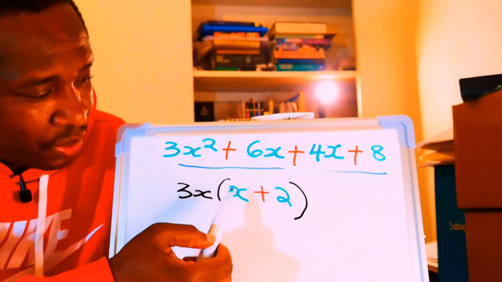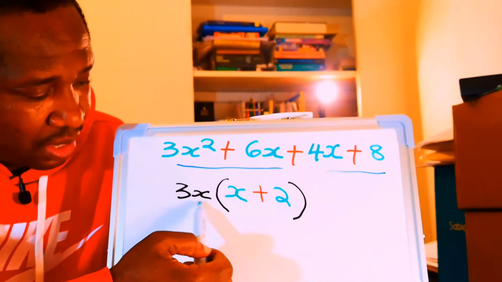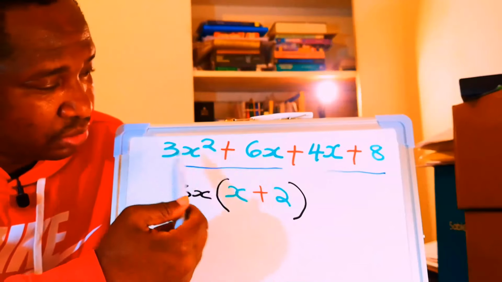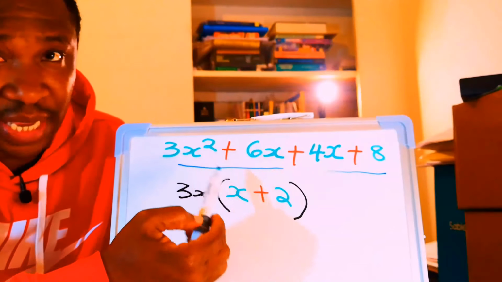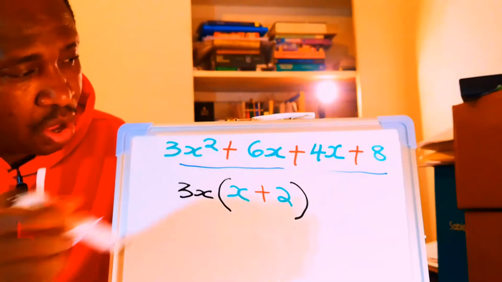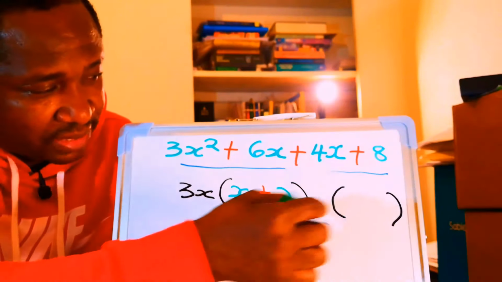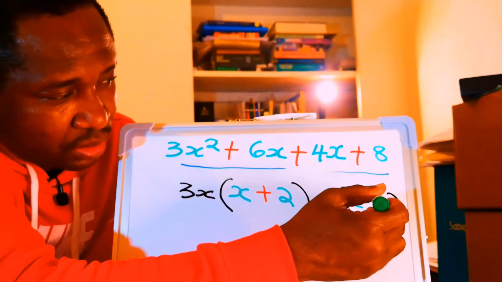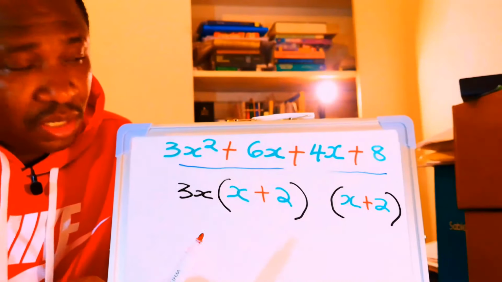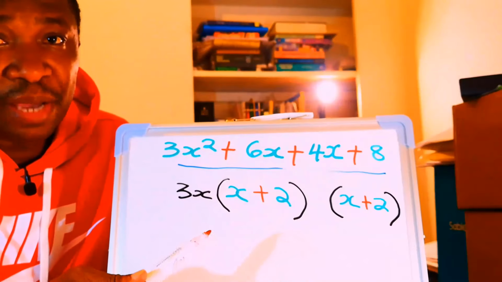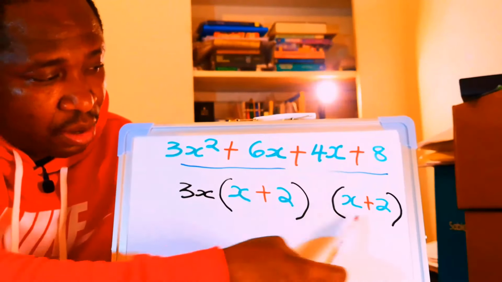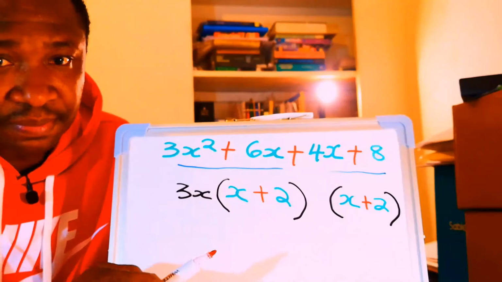Now, we have found a factor common to the first two terms. Next is open a bracket, copy whatsoever that is here, which is x plus 2, because in factorization by grouping, these two brackets must be the same.